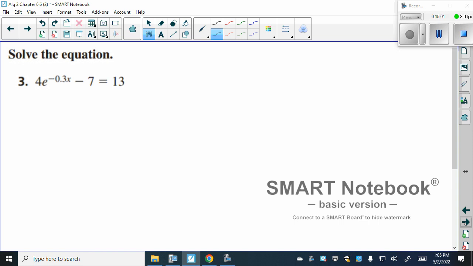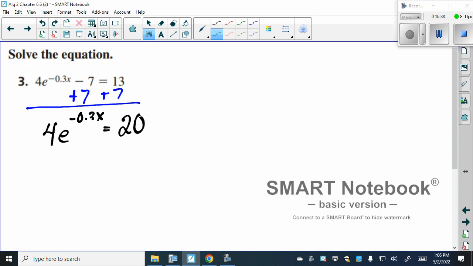Let's look at these here. These here are a little different because for one, we're using e, but we also need to get e by itself. So to get e by itself, well, the first thing I'll need to do is plus 7. Because anytime we use ln, we need one term on either side if we can get it there. Especially, we need to get everything away from the term with the variable as an exponent. So here we need to add 7, which will tell us that we have 4 times e to the negative 0.3x is equal to 20.